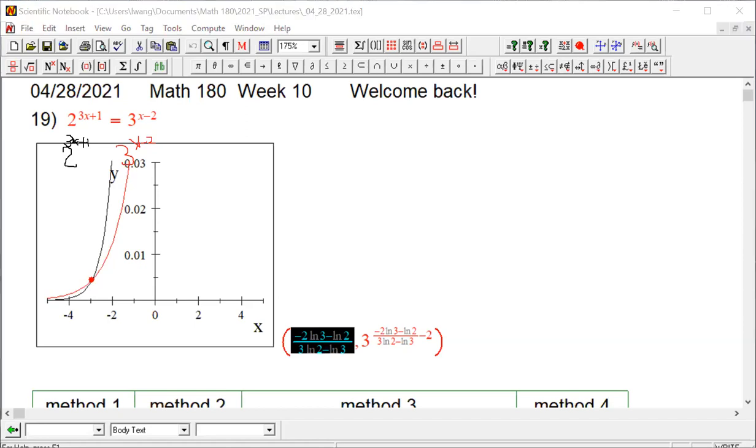Okay, it's about here. Let me show you. It's about the point over here. Not -3, but a little bit closer. It's very close to -3. And the 3 to the power of that number, it's right here, the point of intersection.